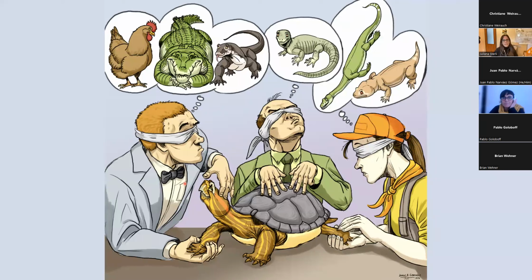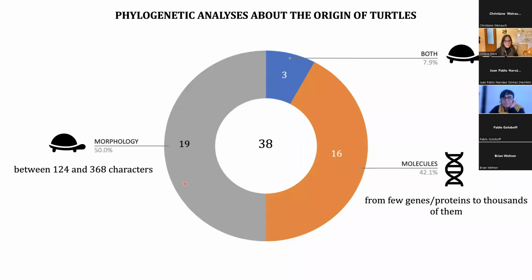It's like each researcher or group of researchers is looking at a certain part of the animal, either the molecules or the morphology, but we need to understand this in a more total evidence framework.